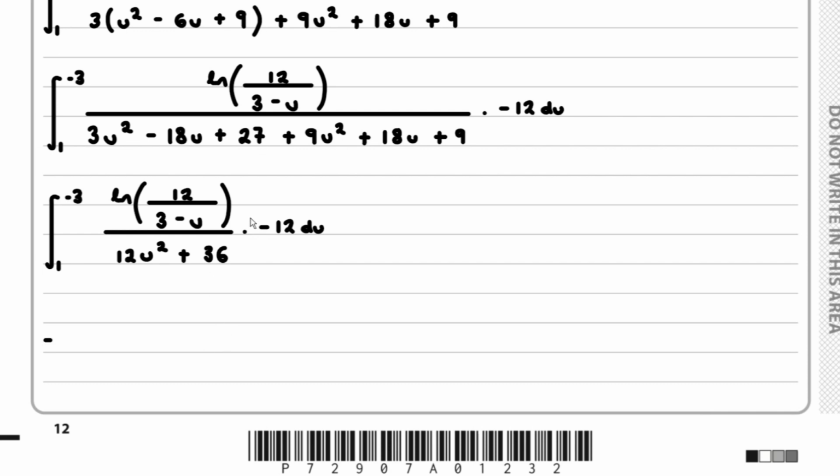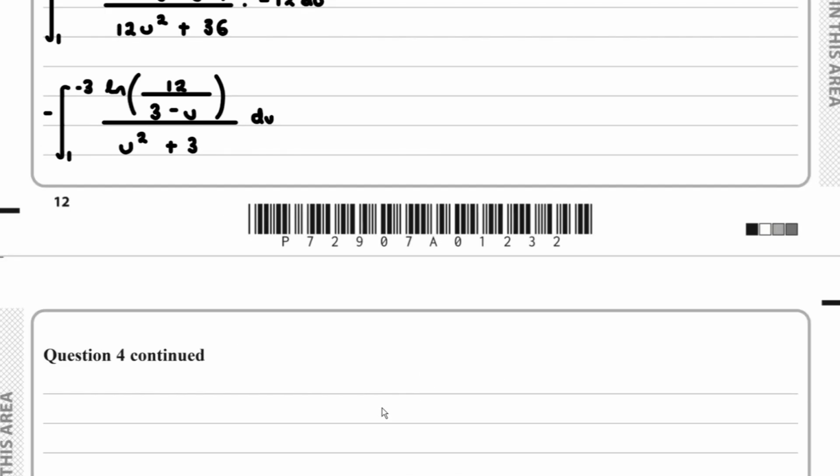So if I take the negative out and write the integral symbol, and then recognise that 12 over (12u squared plus 36) can be simplified, I'd have the natural log of 12 over (3 subtract u) over (u squared plus 3) du.